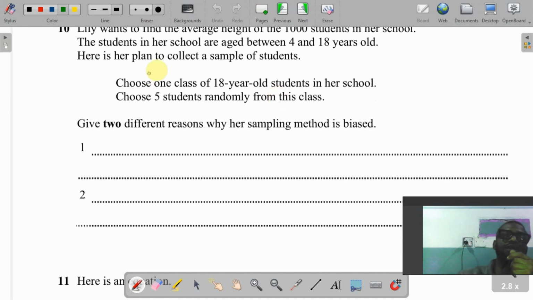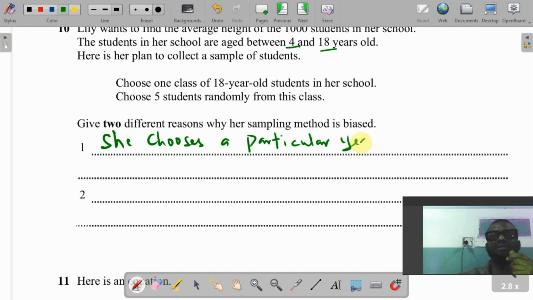One, she chooses 18-year-olds. The students in her school are aged 4 to 18, so it is biased because she chooses a particular year group, that is people of 18 years.